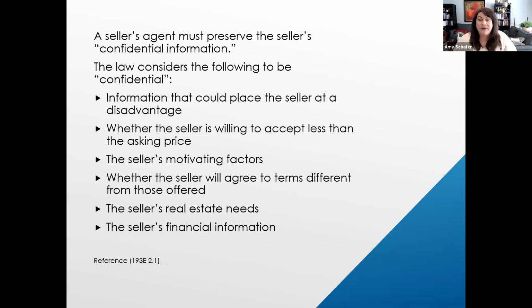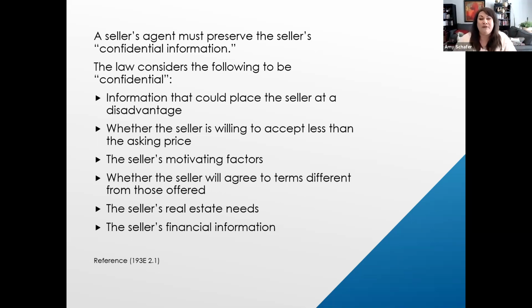But I also think we're doing good stewardship with our clients if we ask, great, what does motivated mean? Because if it means that they're willing to take less, that's a great time to ask for a price reduction, or some of you like to call it a price improvement. Sounds a little bit nicer, I get it. But I would definitely say get those things in writing, even if it's just a conversation.